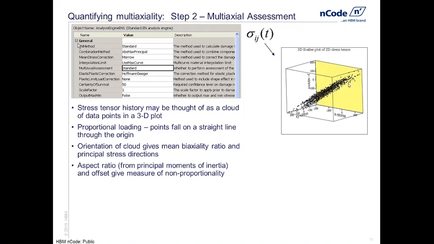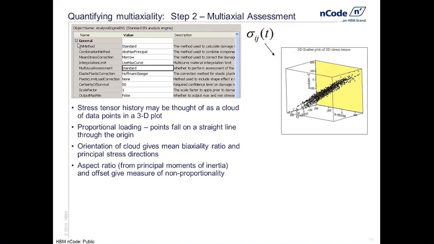The shape of this cloud of points tells us what the stress is doing throughout the loading. Now, if all those points lay on a straight line through the origin, that would represent proportional loading. If we get more of a blob, that indicates a non-proportional loading. In practice, we most often see a kind of sausage shape, which represents a nearly proportional loading.